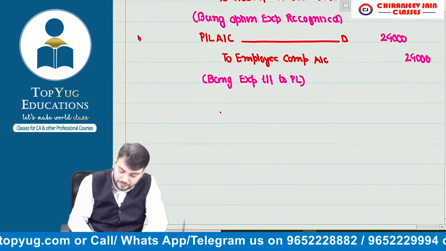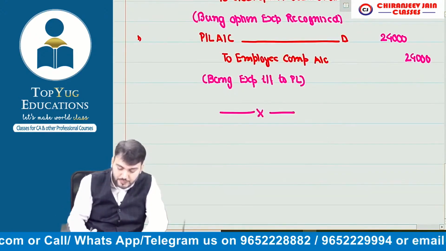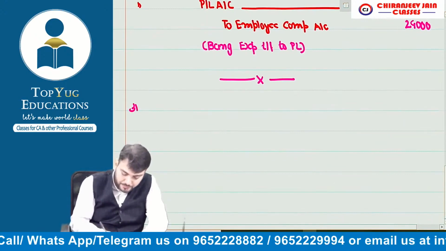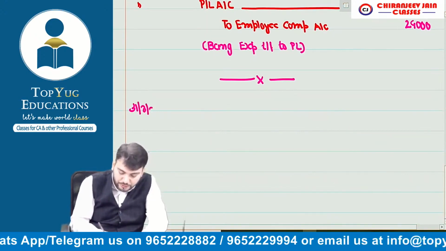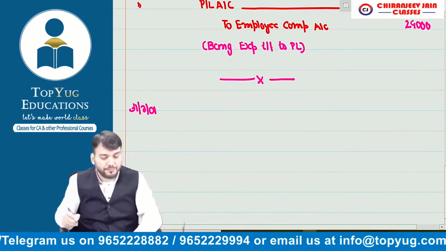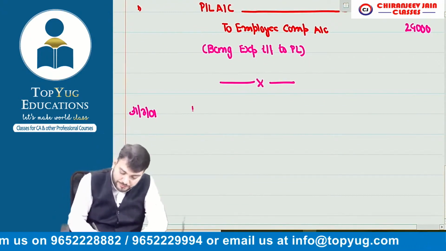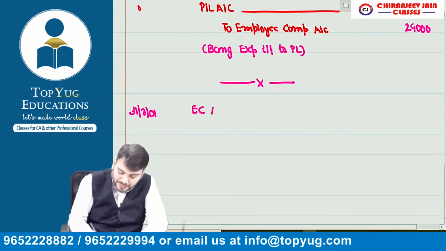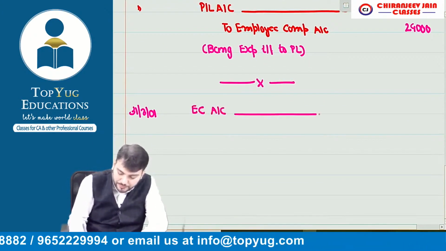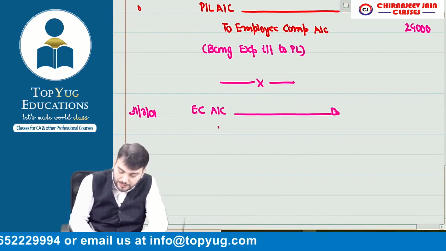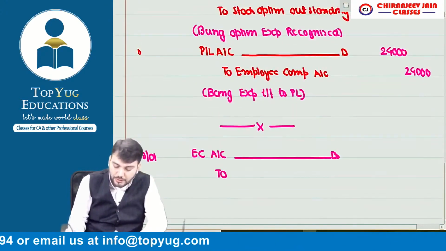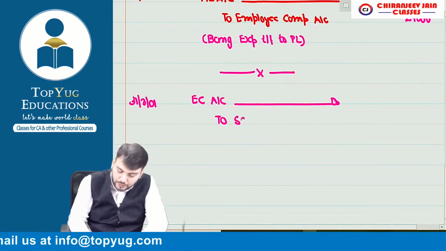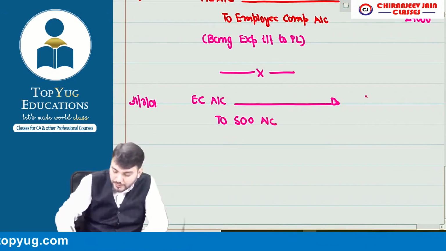First year done, second year, 31st March 2001. Same journal entry. Now I'm writing EC; in exam, don't write EC. Employee compensation account debit to stock option outstanding account.